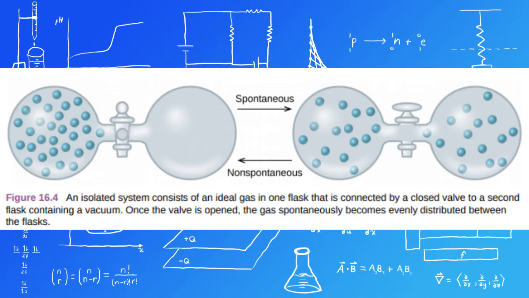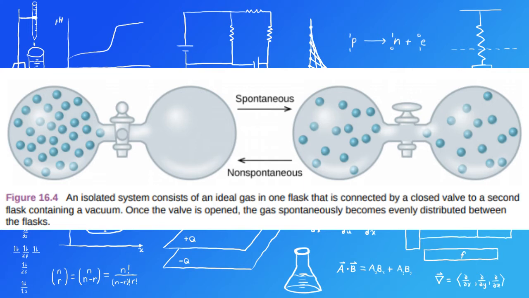And even though it's technically possible by random chance for all the gas particles to end up exclusively on the right-hand side of this device, or for them to all end up exclusively on the left-hand side, it's very, very highly improbable, so we never see it, and we never expect to see it in real life.